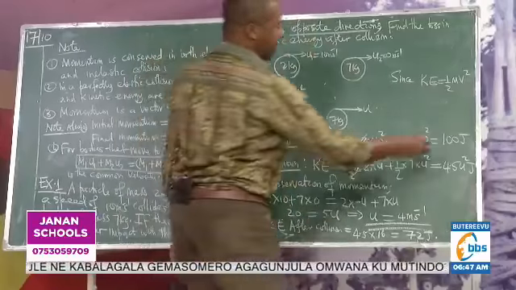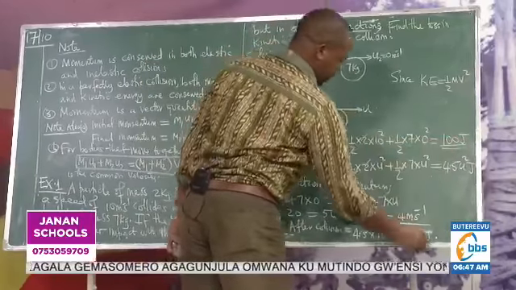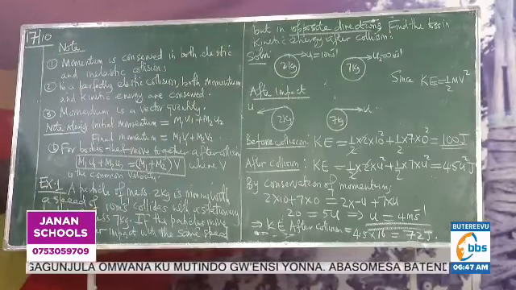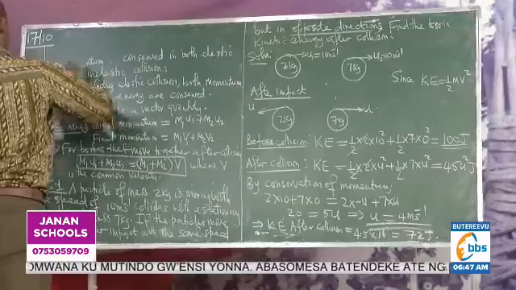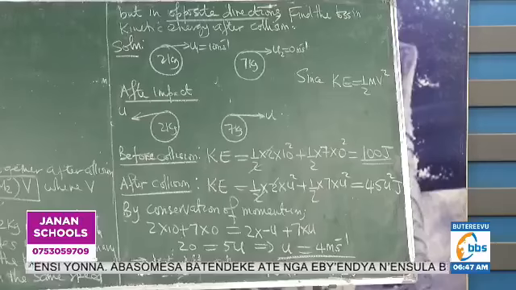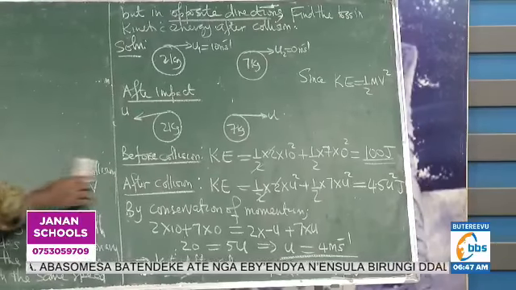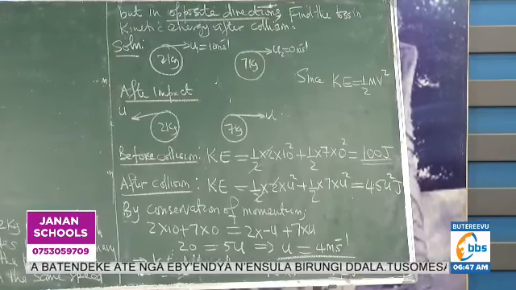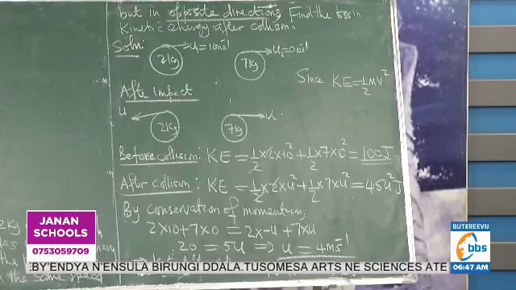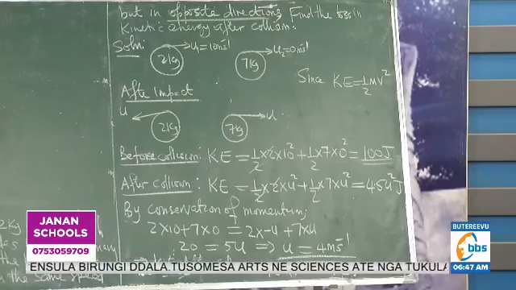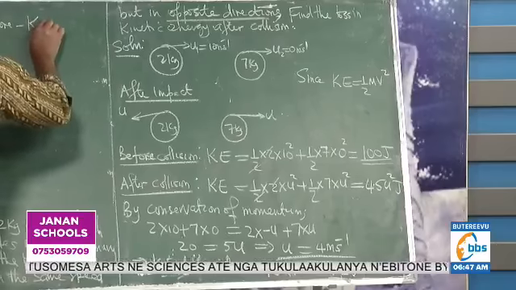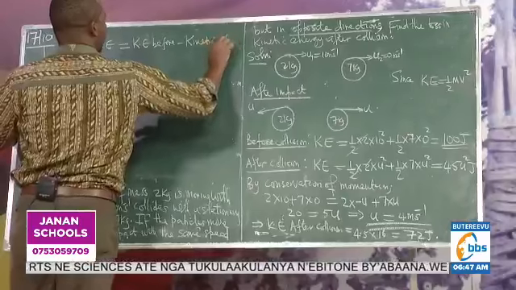So the kinetic energy before is 100. The kinetic energy after is 72. And therefore, we can get the loss in kinetic energy. The loss in kinetic energy would be equal to the kinetic energy before minus the kinetic energy after.